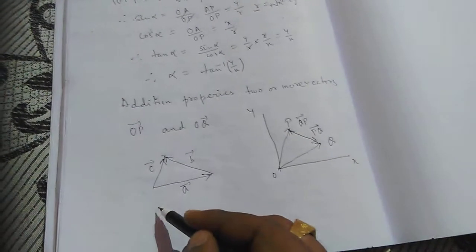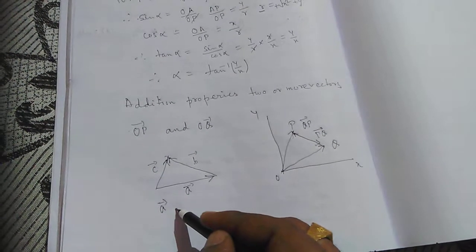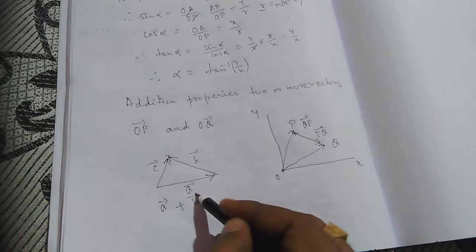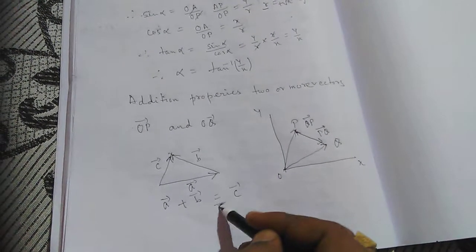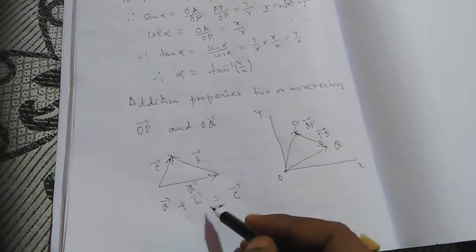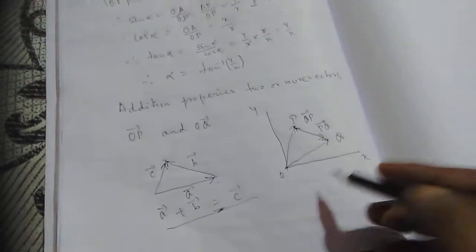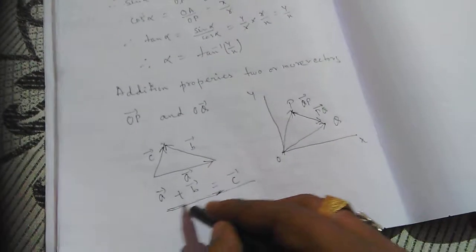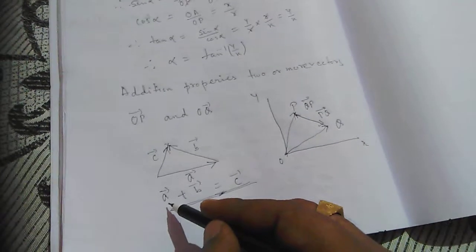So in the vector addition property, a vector plus b vector is equal to c vector, but it is not equal in magnitude. You cannot calculate magnitude in this property. A vector's magnitude plus b vector's magnitude equal to c is not correct. It shows that the vectors satisfy this formula, meaning the direction is also considered along with magnitude.